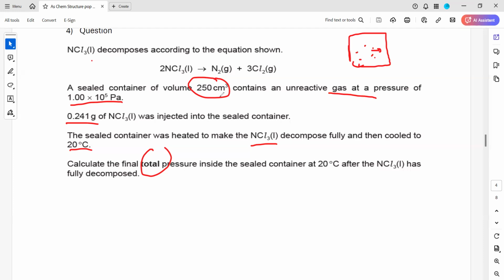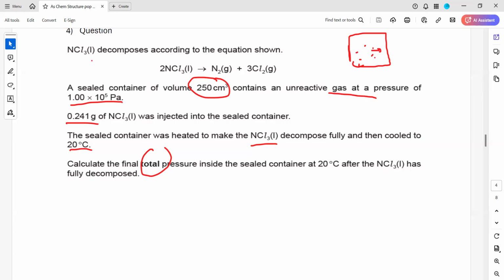So we'll find the new pressure, because this NCl3 will decompose and give nitrogen and chlorine. There will be a pressure due to the nitrogen and chlorine, and we work out the total pressure of these two gases by using the general gas equation, PV = nRT.